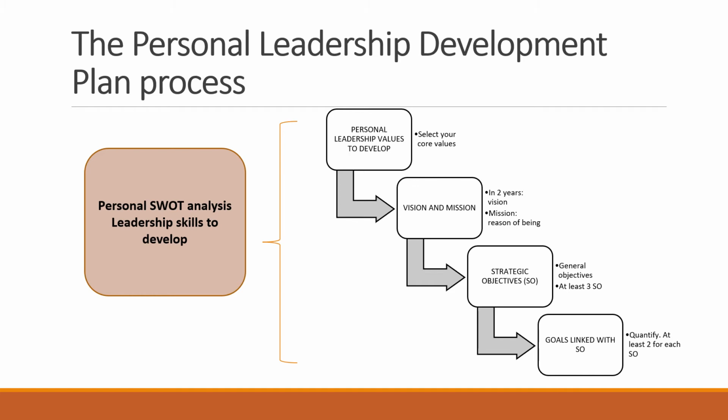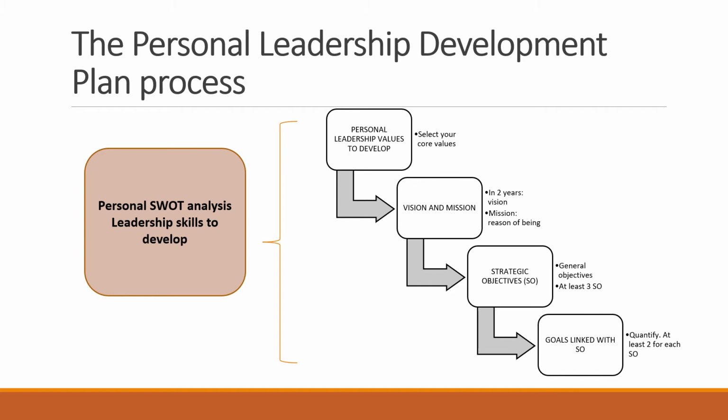For each of these strategic objectives, you're going to write down at least 2 goals. The difference between an objective and a goal is that a goal is numeric. In a goal, we say how much or how many of a specific activity is going to be done. For example, we can say that we are going to diminish poverty by 2025.